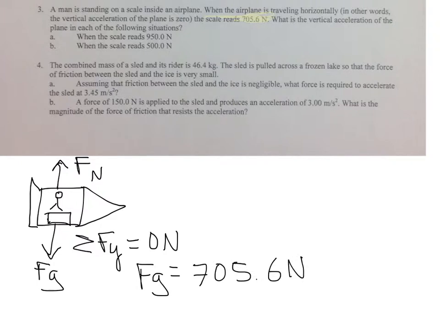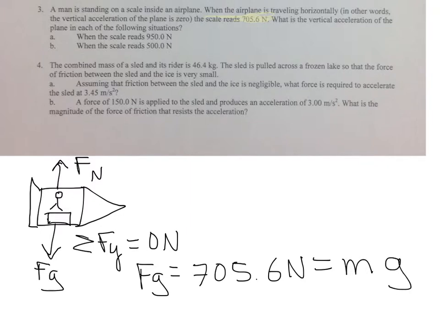The reason that is useful information is because then I can determine the mass of the person standing on the scale, because I know that Fg is equal to mass times the acceleration due to gravity, mg.